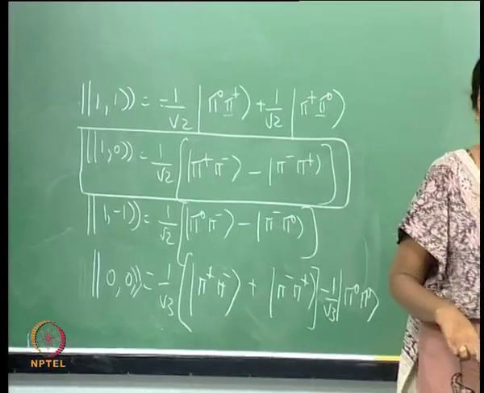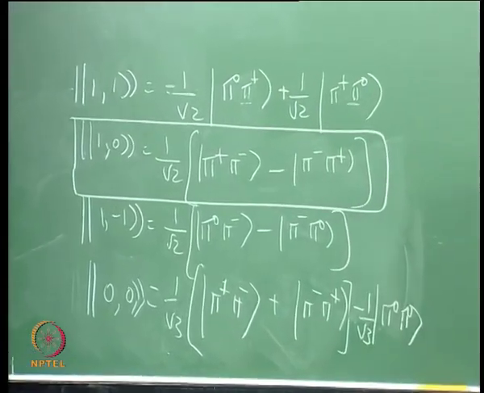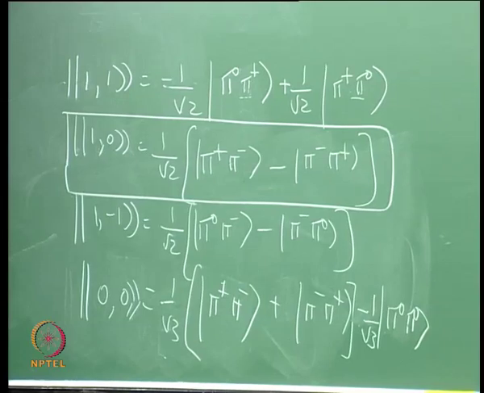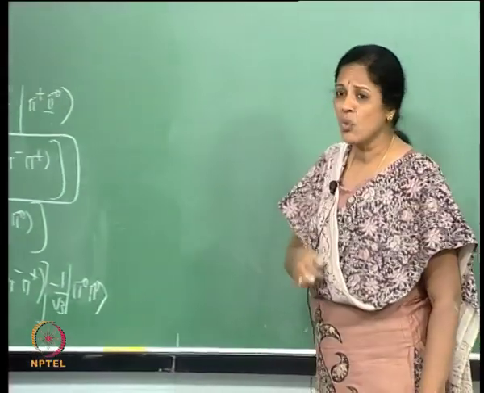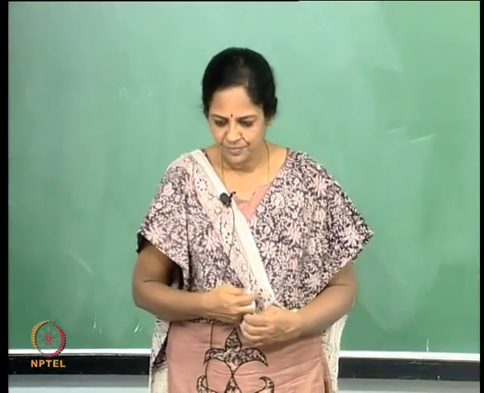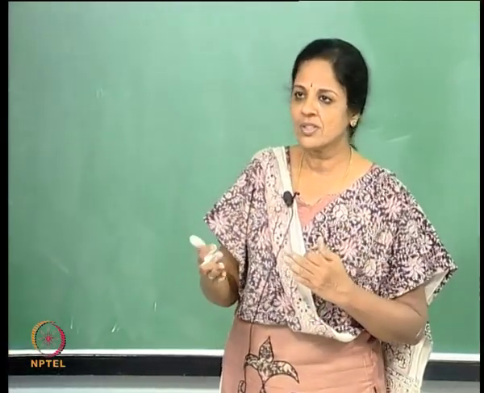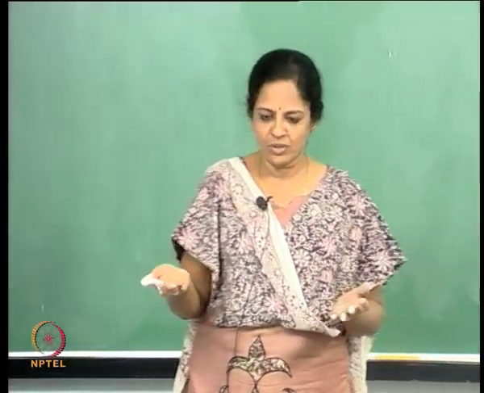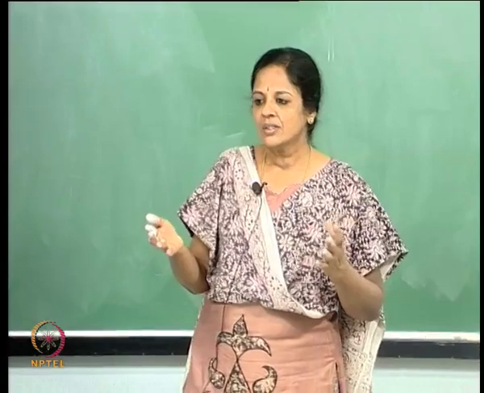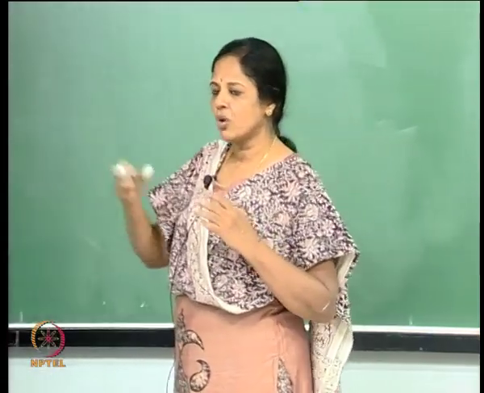So pi plus and pi minus are isopartners, and pi naught is its own isopartner, if you know what I mean. So the statement is this: if I have two identical bosons like pi naught, the total state in any case for a set of particles is going to carry a list of quantum numbers.